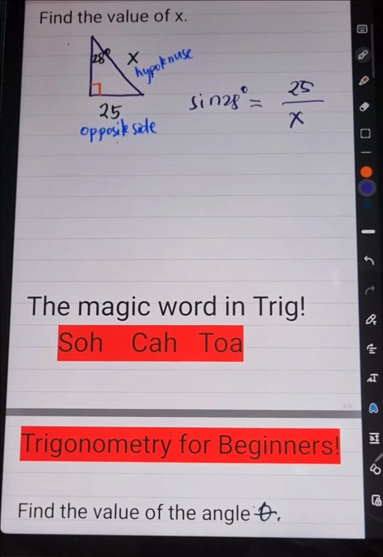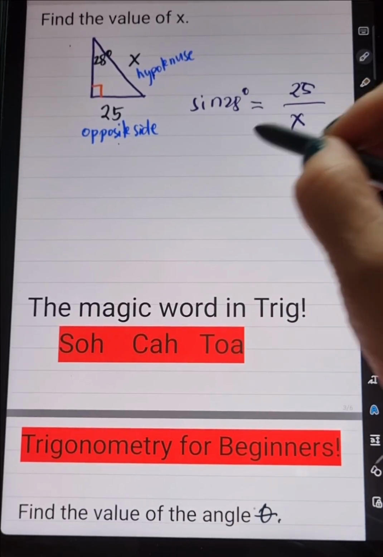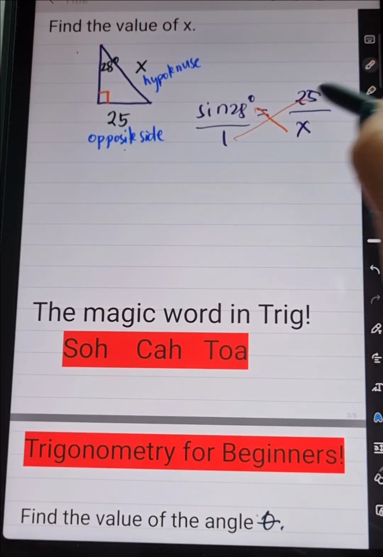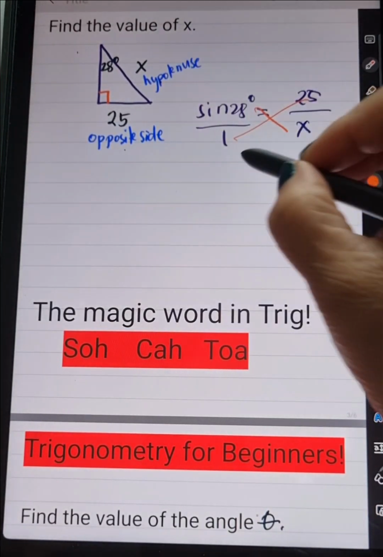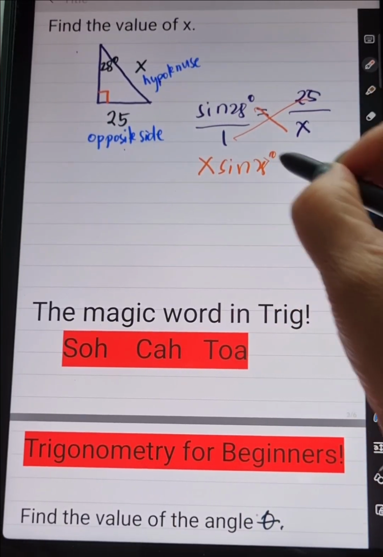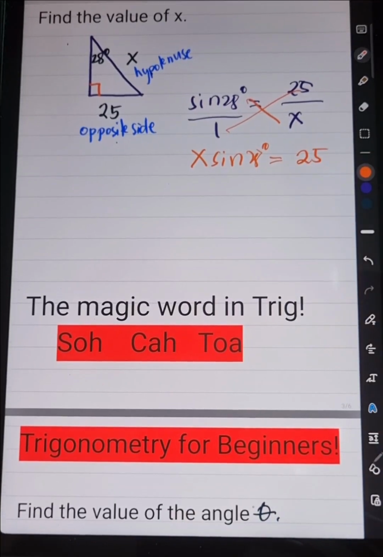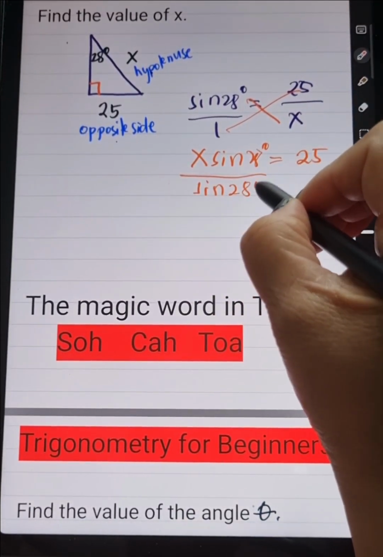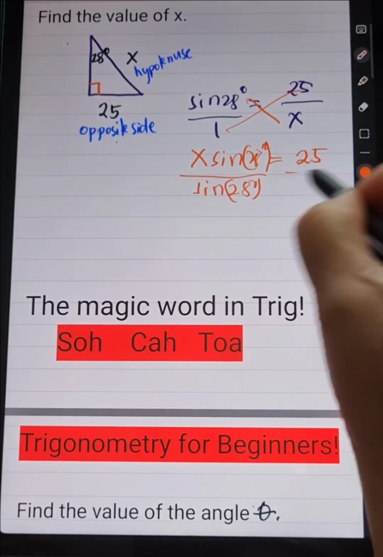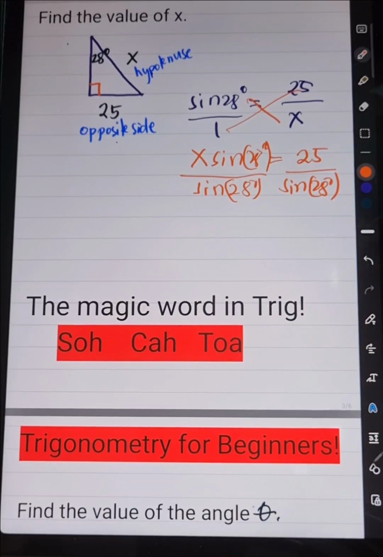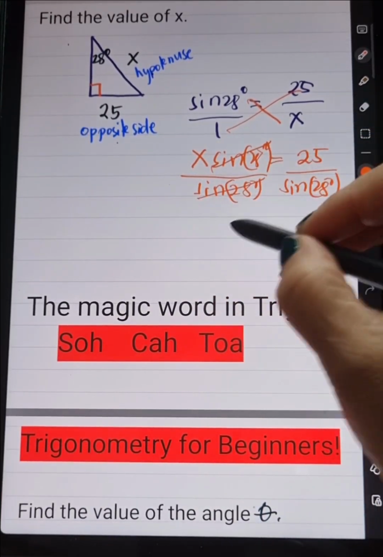Okay? So now we have cross multiply again. Understood there is 1. So we have now x times sine 28 degrees is equal to 25. Now to solve for x, we need to divide sine 28 degrees on both sides of the equation. So this will be cancelled.